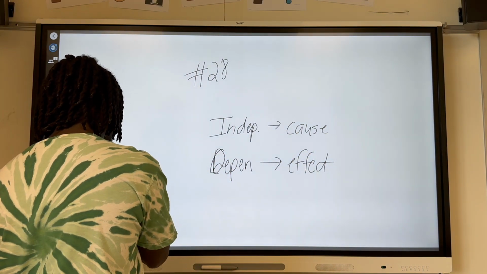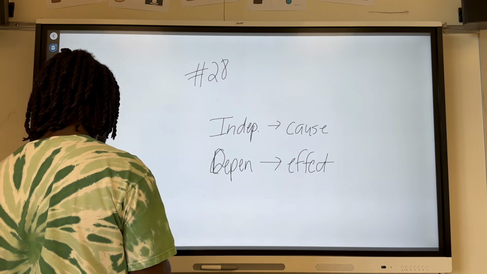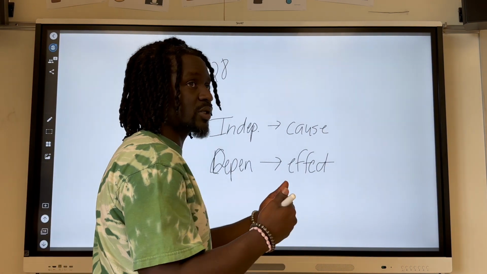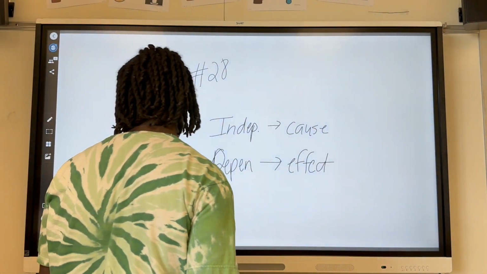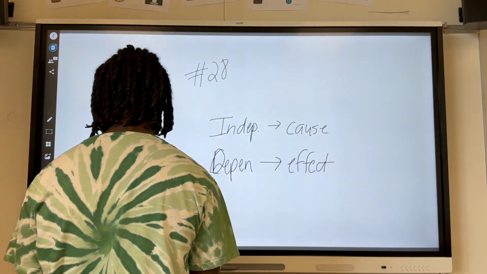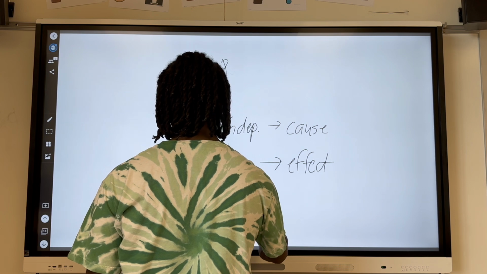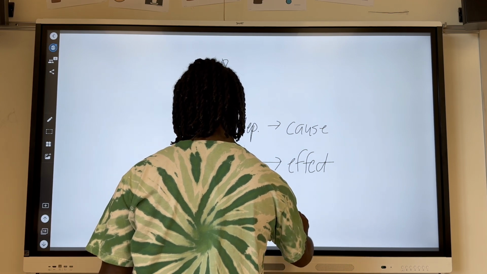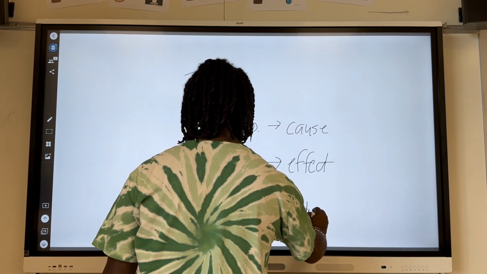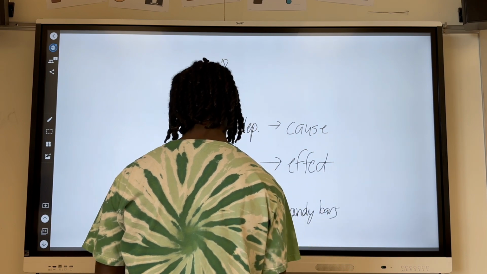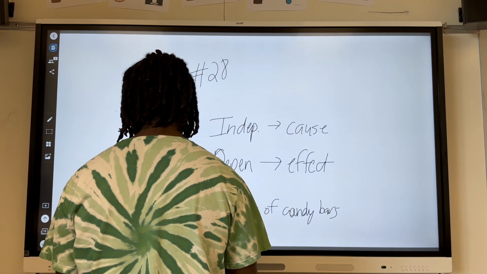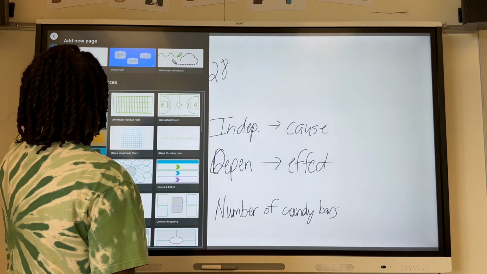We're looking for independent. So which one causes? The number of candy bars that you sell is going to lead to more money raised. And so the answer would be, again, the number of candy bars. Okay. All right, moving on. We gotta get to the end, almost there.